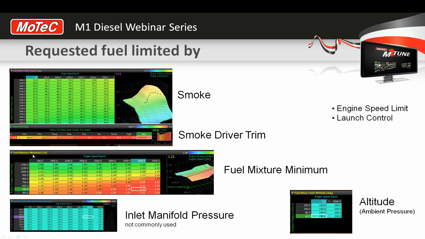Alright, so it's the fuel mixture minimum table. Again, it has engine charge on the vertical axis, engine speed on the horizontal, and you simply put in here the lambdas you want to run. Now sometimes the lambda estimate, which is the lambda the ECU thinks and will use in this table, is not the same as the actual lambda because of your calibrations, and I know you're getting sick of hearing that.